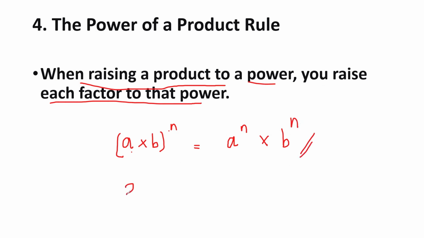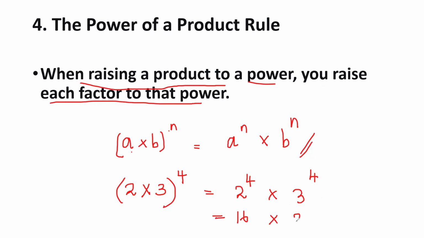For example, let's say 2 times 3, raised to the power 4. So what you have to do? 2 will have the power of 4 multiplied by 3, which also will have the power of 4. 2 to the power 4 is 16 and 3 to the power 4 is 81.